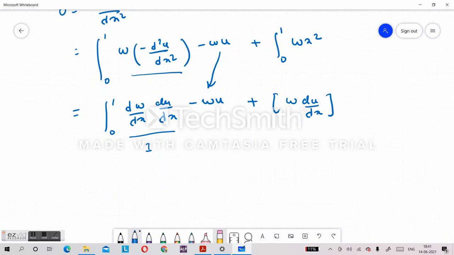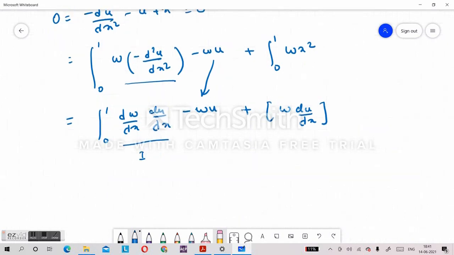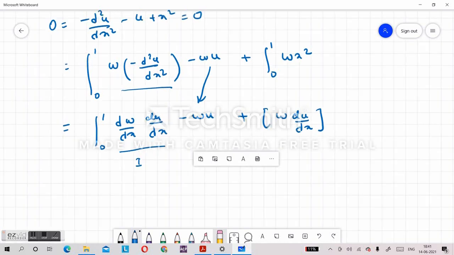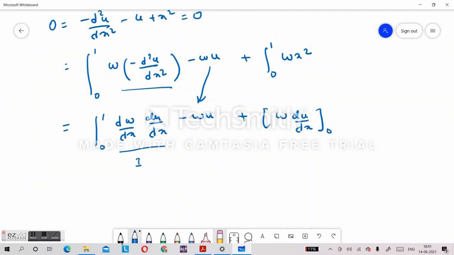If you are facing difficulty with integration by parts, you can go through my previous lectures. It's not very difficult. From 0 to 1, it equals the integral from 0 to 1 of w x square dx. We add dx everywhere because it's an integration.